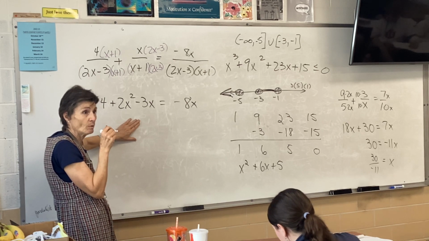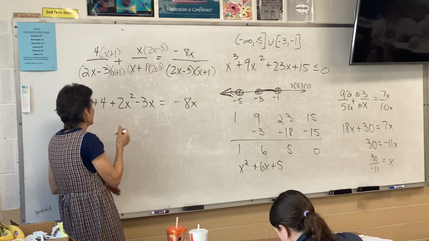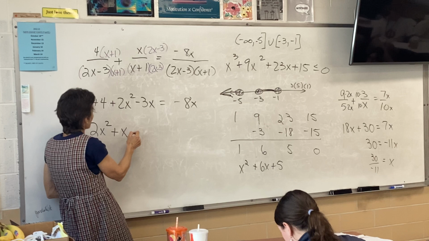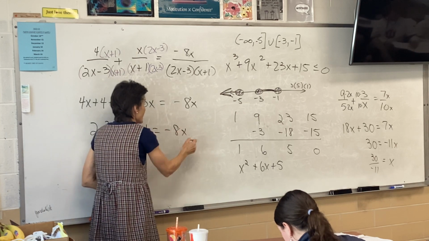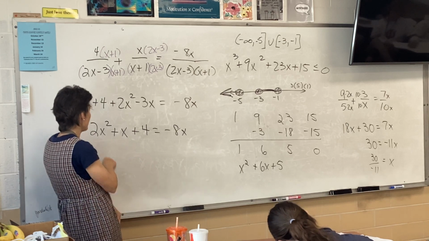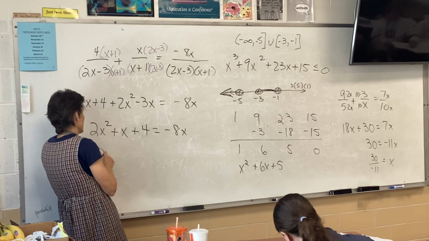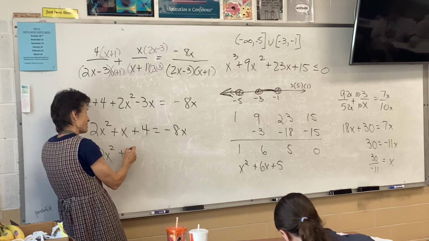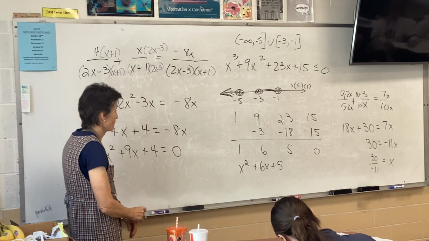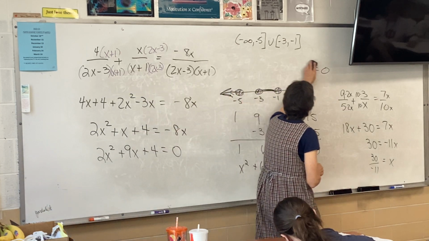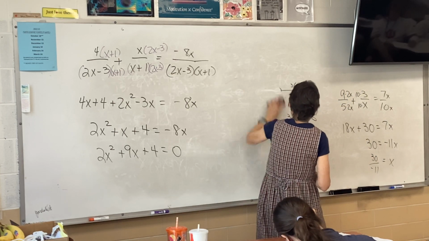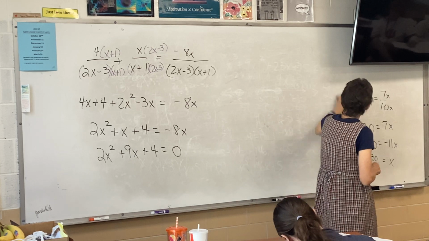Everybody with me to this point? Okay, let's clean it up. So we have 2x squared plus x plus 4 equals negative 8x. Get it equal to 0 because it's a quadratic. So 2x squared plus 9x plus 4. Okay, what are you gonna do with that?